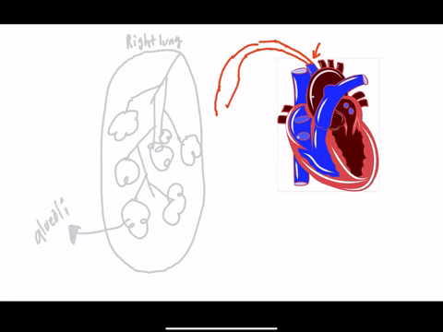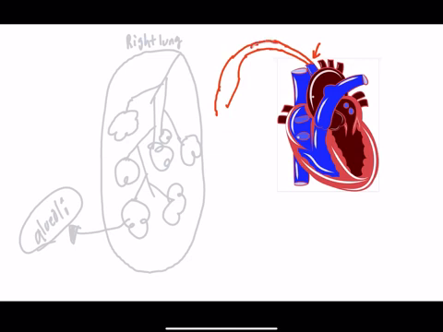These alveoli are the sac-like structures deep in the lungs that are responsible for storing the oxygen that you breathe in, and they're also responsible for gas diffusion. That's the other job of the alveoli.